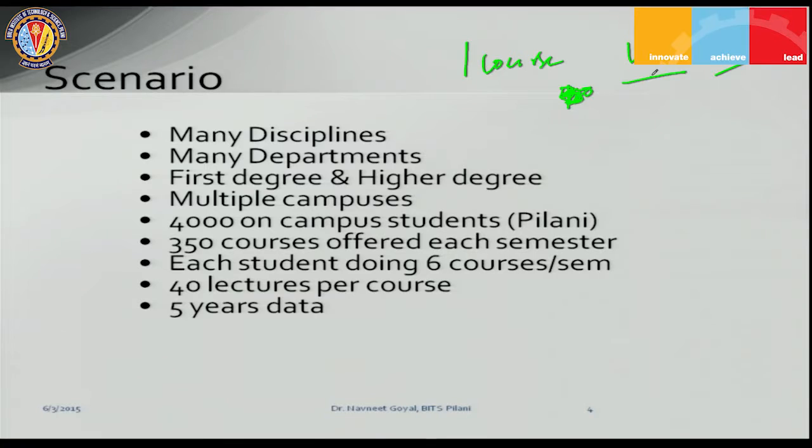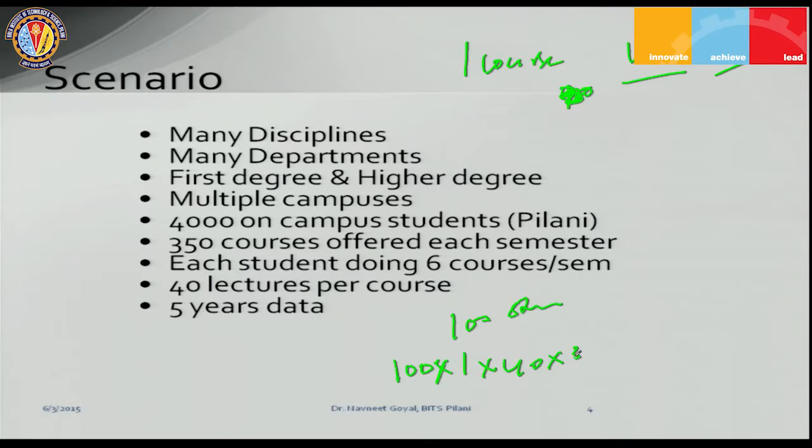So in one course, how many records would be generated for attendance? 100 students for one lecture, they would come once. For 40 lectures, they would come 40 times. So this is for a course.